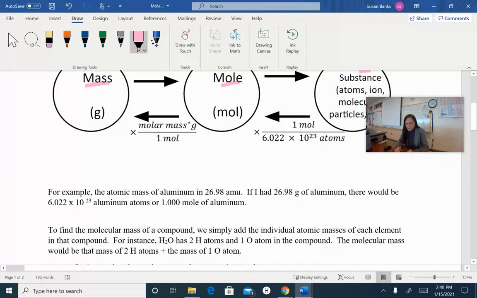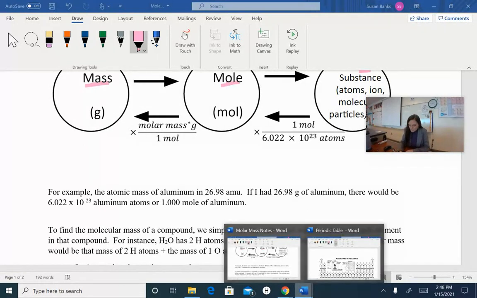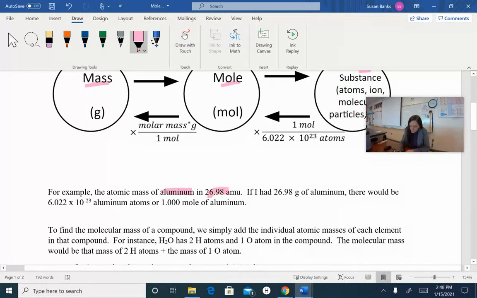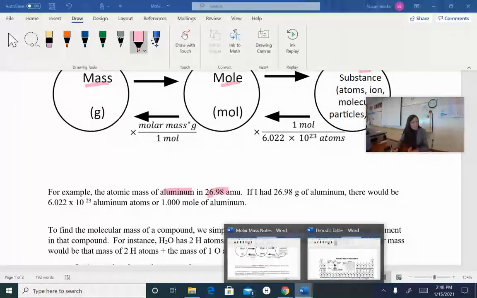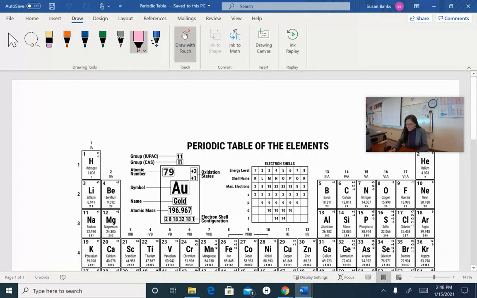Last time we talked about the atomic mass. For example, let's look at our periodic table and look at aluminum. I said it was 26.98 atomic mass units. So where did I get that 26.98? If I look at aluminum, the mass on here is 26.98, and that's in atomic mass units.